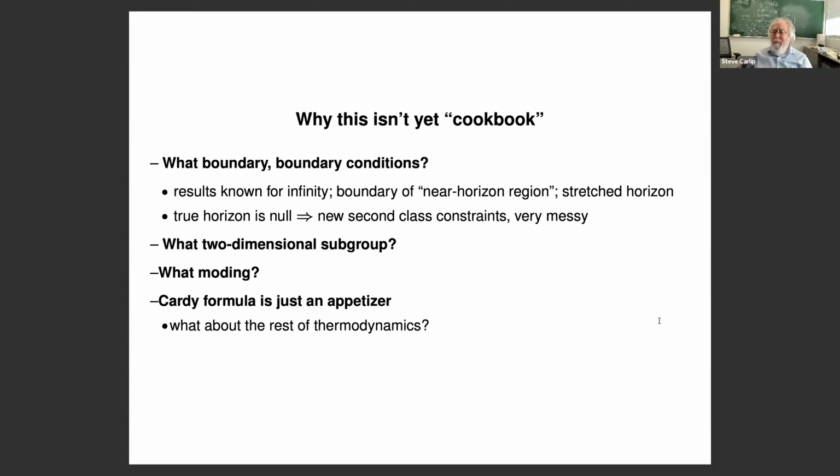Now, for the BTZ black hole, the boundary conditions were at infinity, but that didn't matter because there were no propagating degrees of freedom in the interior. And so you can actually bring the boundary back in from infinity to any finite distance away from the horizon and do the same kind of calculation and get the same answer. For a black hole in higher dimensions, this is trickier.